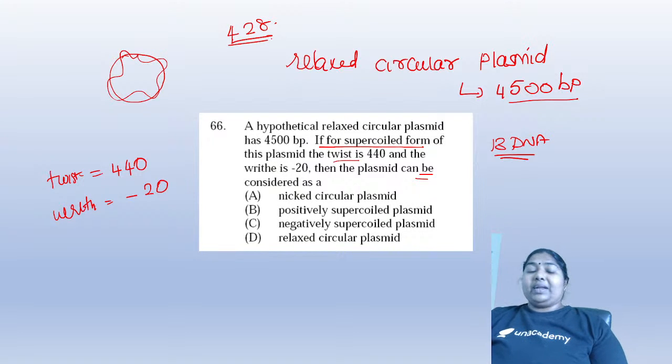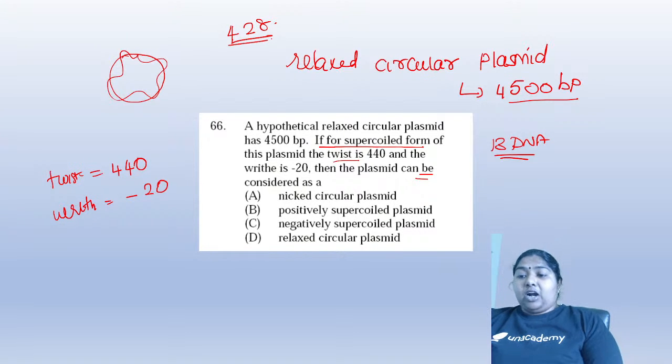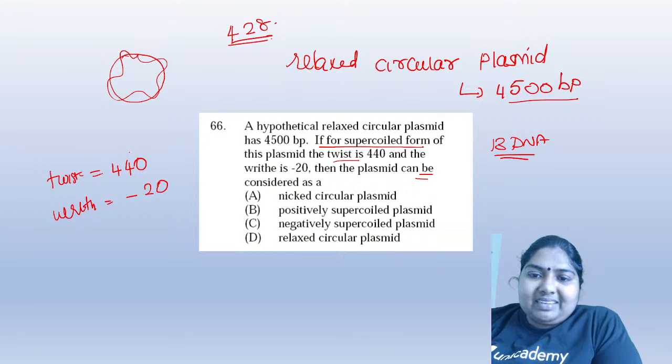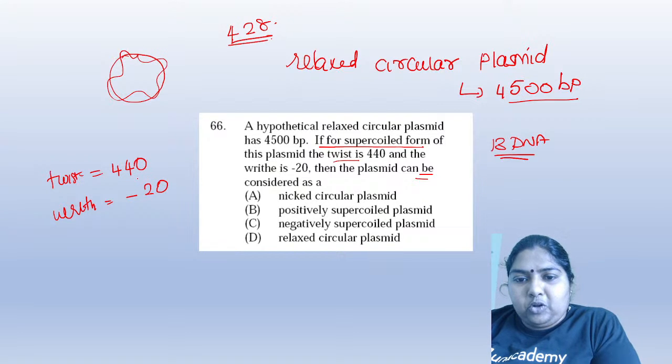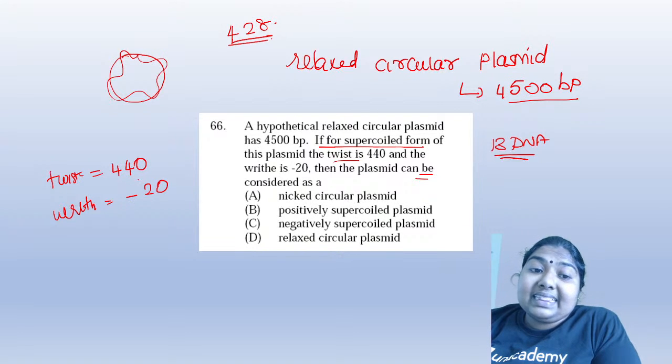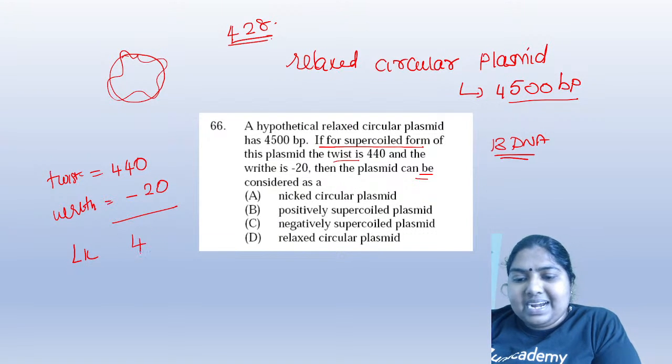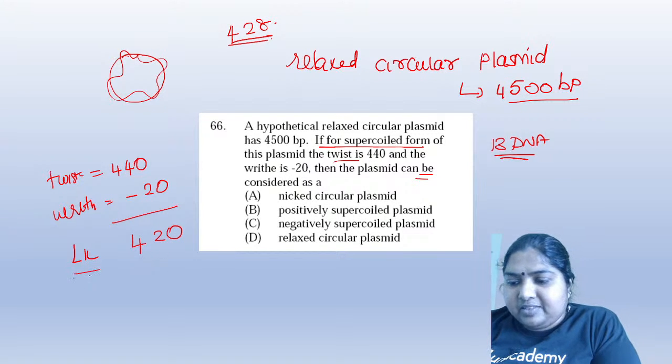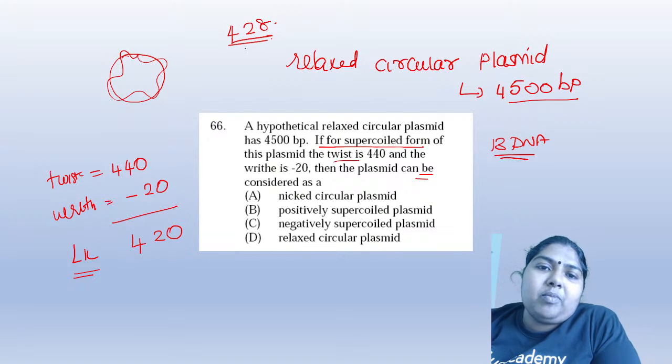Now what happens? The twist is 440 and the writhe is minus 20. So what is the linking number? It is going to be 420, isn't it? The linking number is twist plus writhe. So this 420 is greater than my expectation or below my expectation?